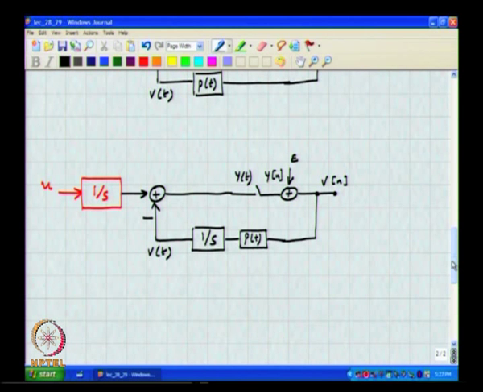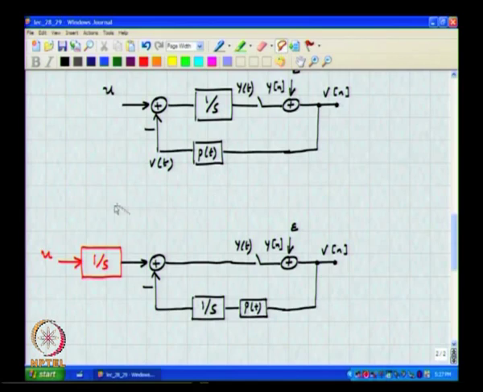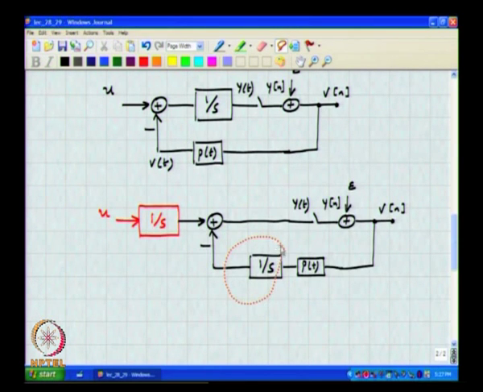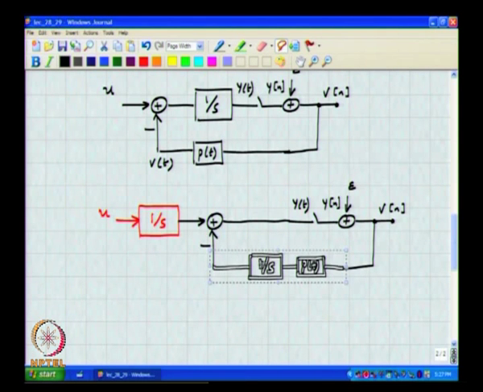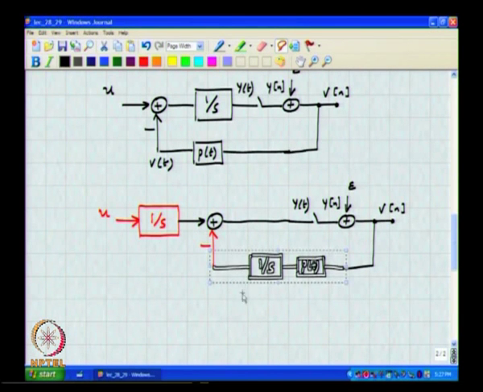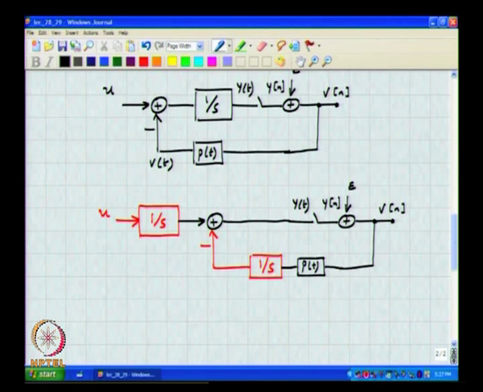this. This is V of t now. Is this clear? Is the transformation from here clear?